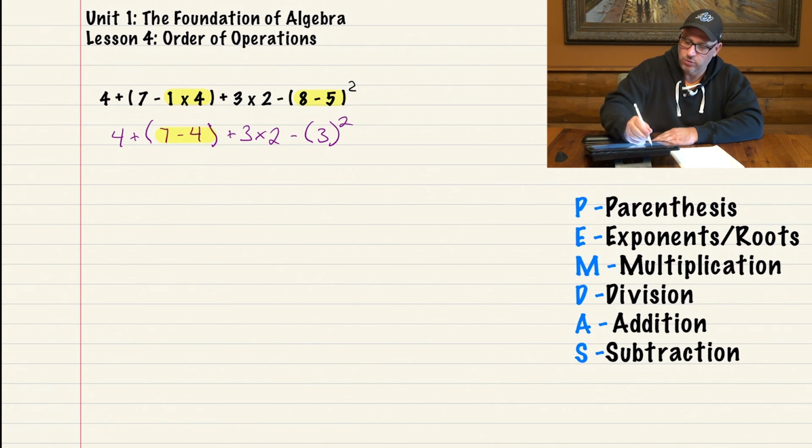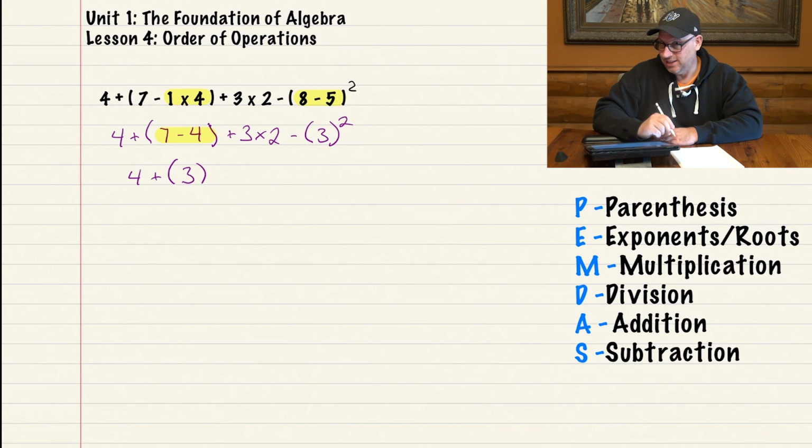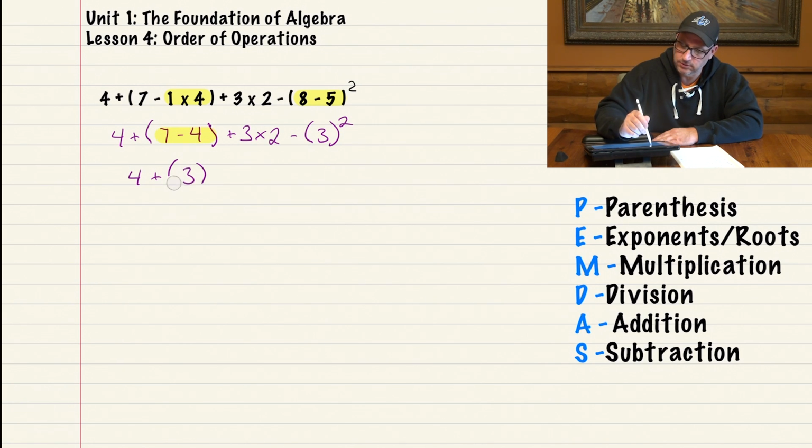The 7 minus 4. And I have 4 then plus 3. Now, do I need those parentheses on there? So I'm going to get rid of them. Look at that, that's beautiful. Okay, and then plus 3 times 2 minus 3 to the second power.